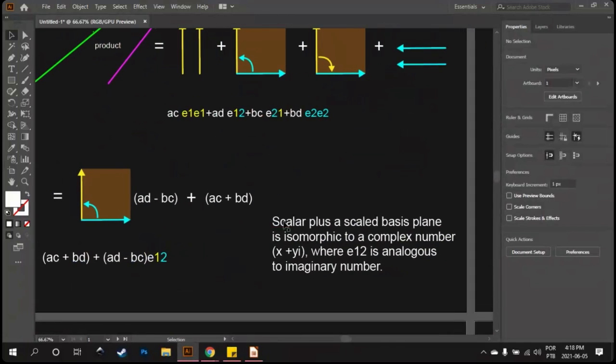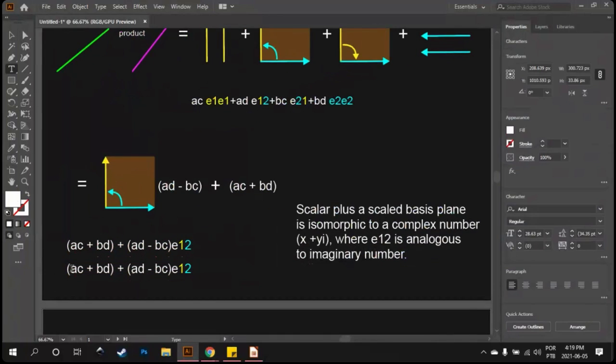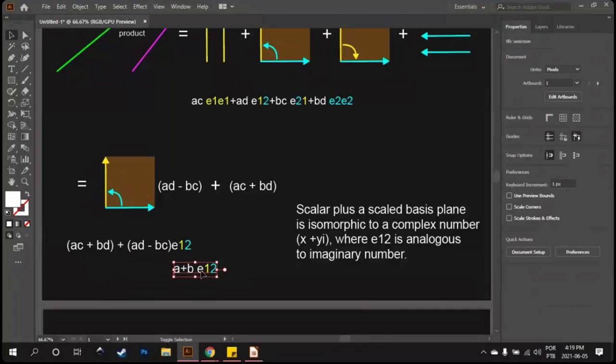Intuitively, the scalar plus the scaled basis plane is exactly isomorphic to a complex number. Any general spinor is always of the form A plus B times a basis bivector. This is what a spinor is in practice, at least.